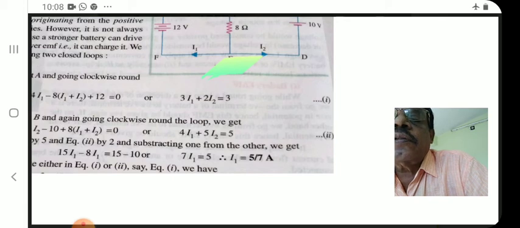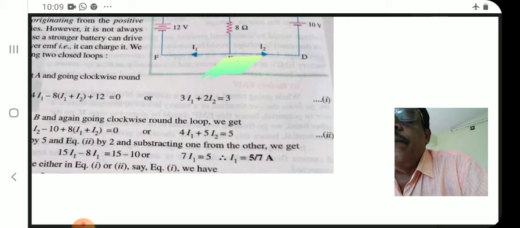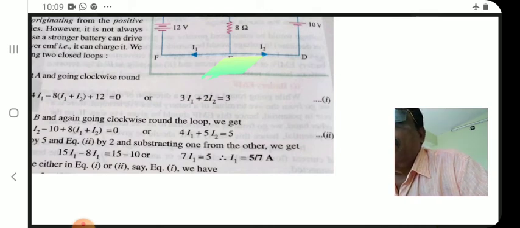It is the top side that is missing here. So here we write 4 ohm. There is one 4 ohm and 8 ohm.